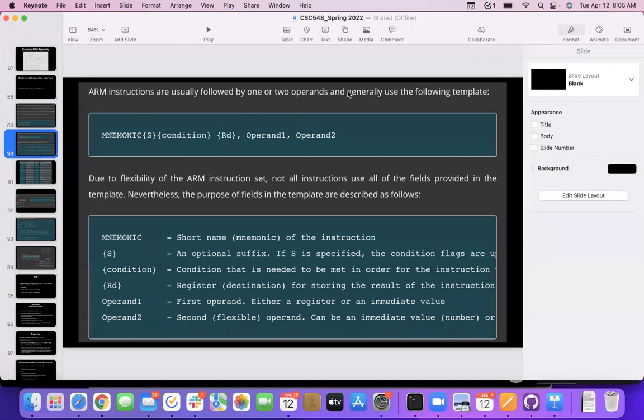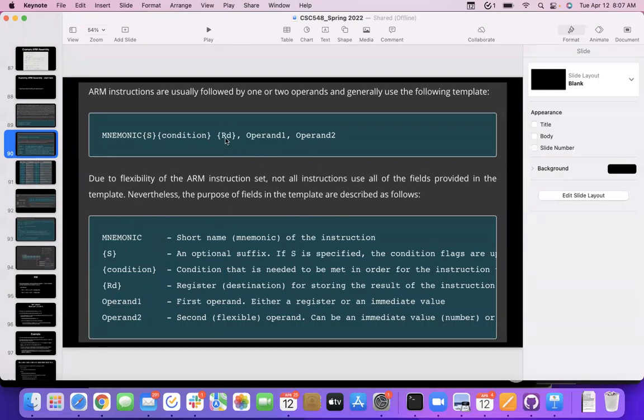So here is the generic syntax for an ARM instruction, which you've already looked at, I'm sure, with the homework. You're going to have some sort of mnemonic, so what's the command you're issuing? There might be some conditionals; there are some suffixes in ARM that we'll look at. And then you can have some operands.